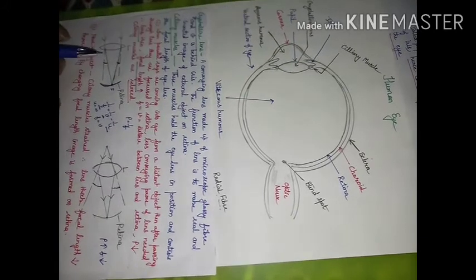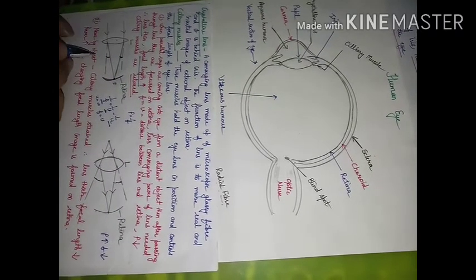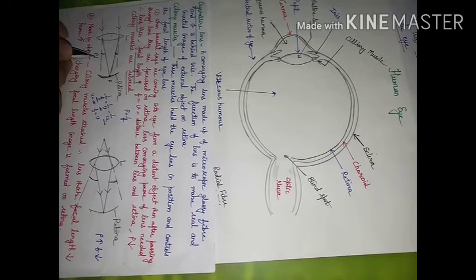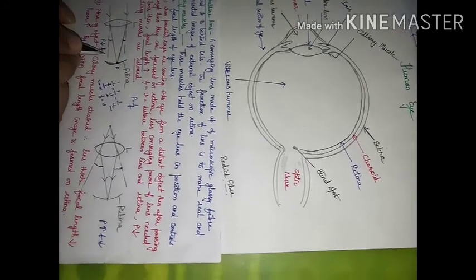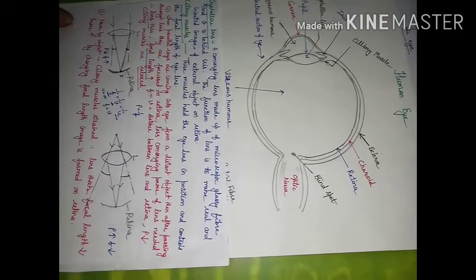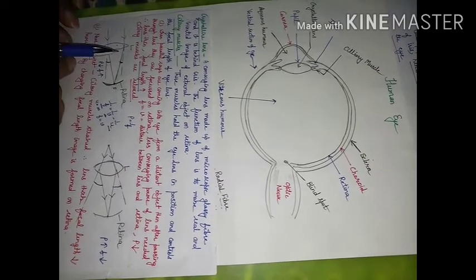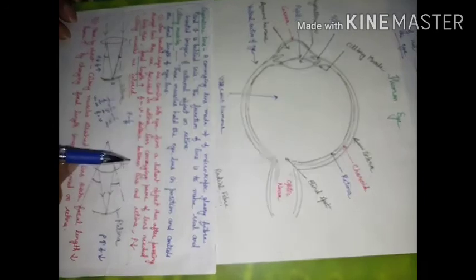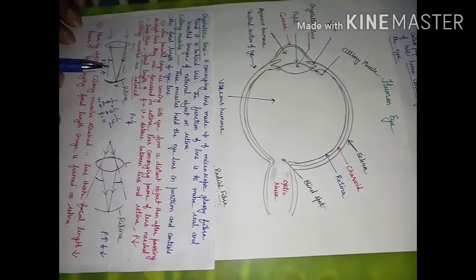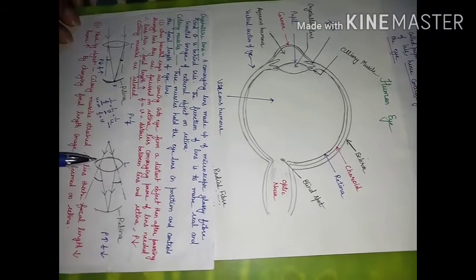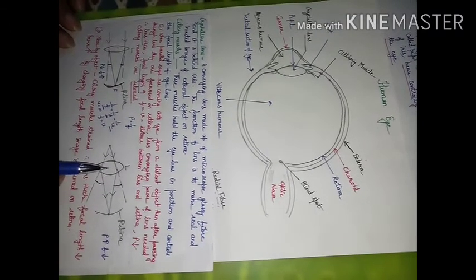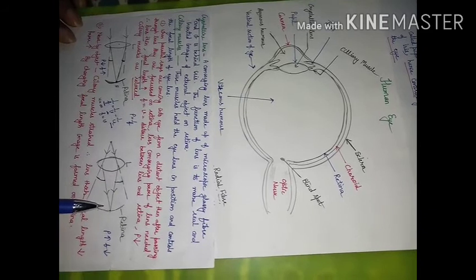When the lens is thin, power is decreasing and focal length is increasing. So this is the function of the ciliary muscles: to keep the lens at its position, to make the lens thin, hence increasing its focal length, or to make the lens thick and thus decreasing its focal length.